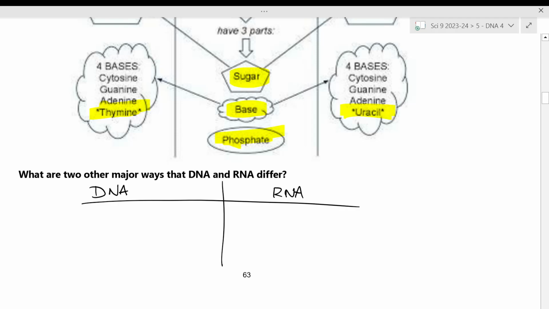DNA is longer or larger, and RNA is smaller or shorter.